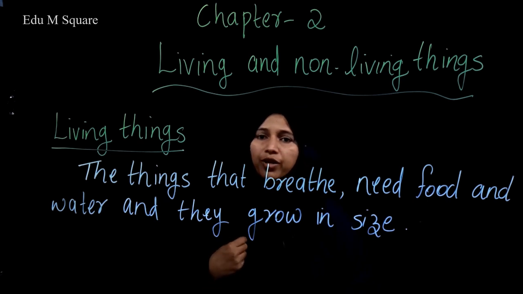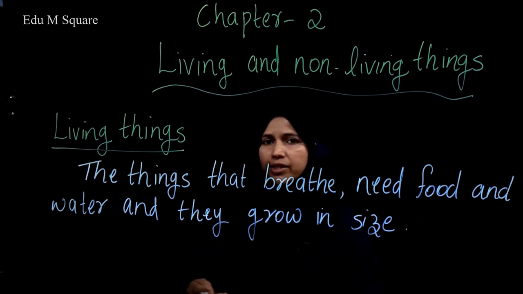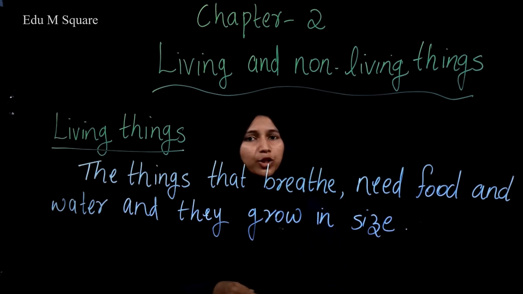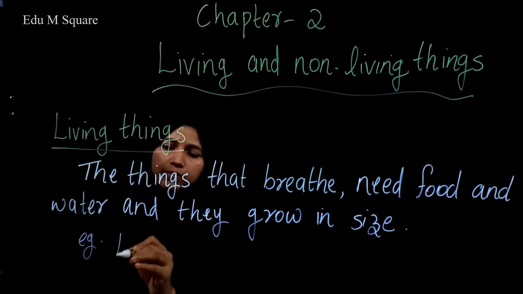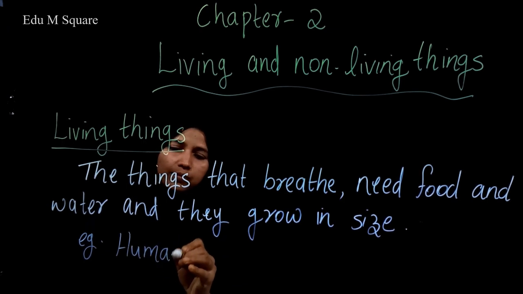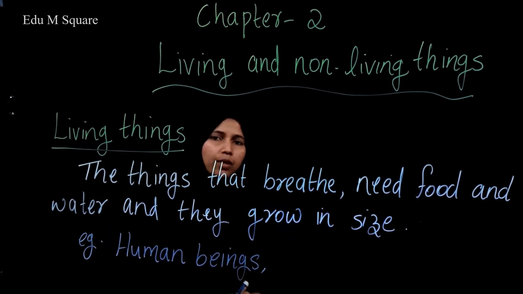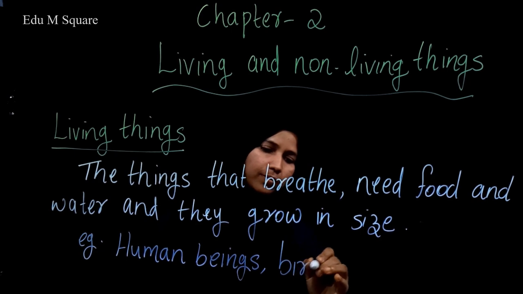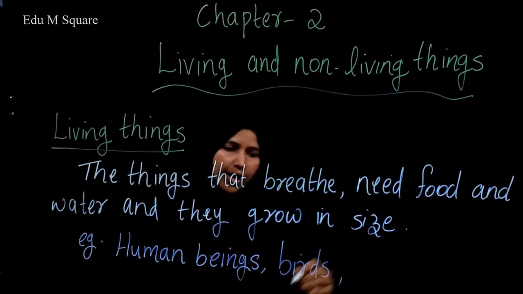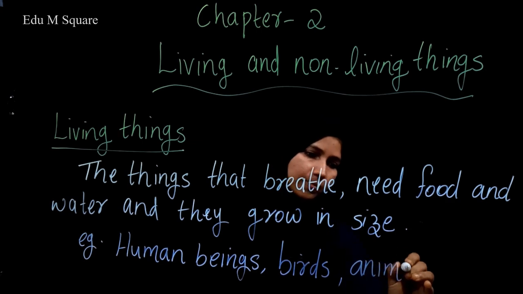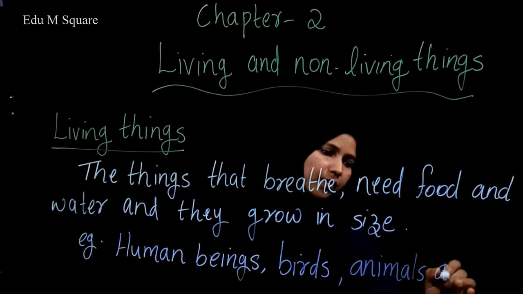Do you know? We are living things. Animals, birds and plants are also living things. So, what are the examples for living things? Yes, human beings, birds, animals, and plants.